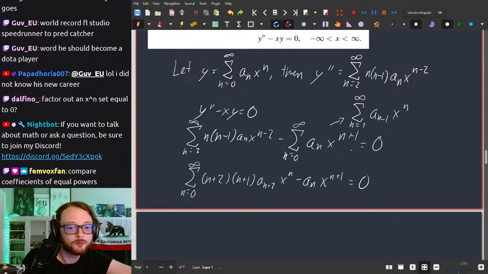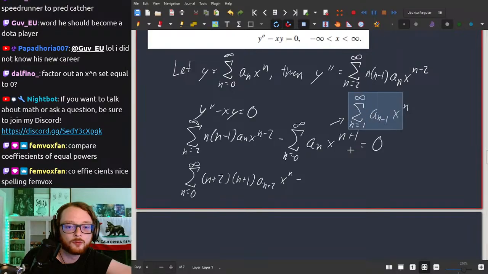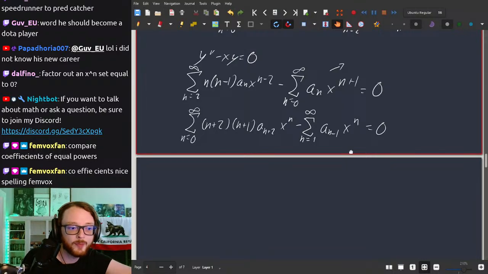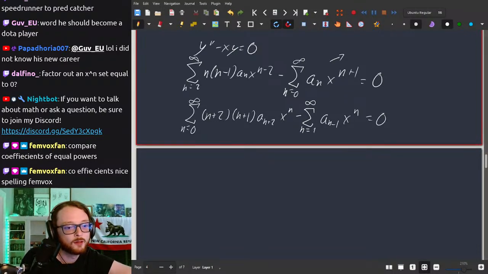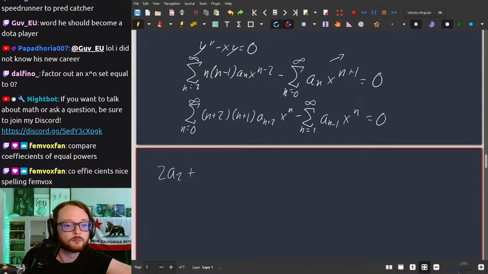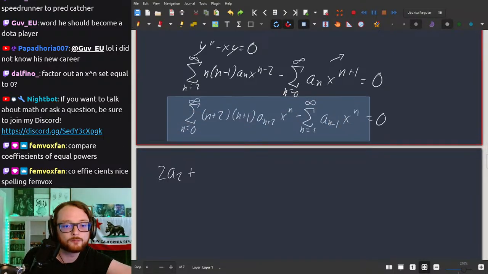Okay, undo. There you go. So get the powers of x to match, and then separately, we'll get the starting index to match. So when n equals 0 in that first one, we get a sub 2 times 2. Let's save a bit of time.